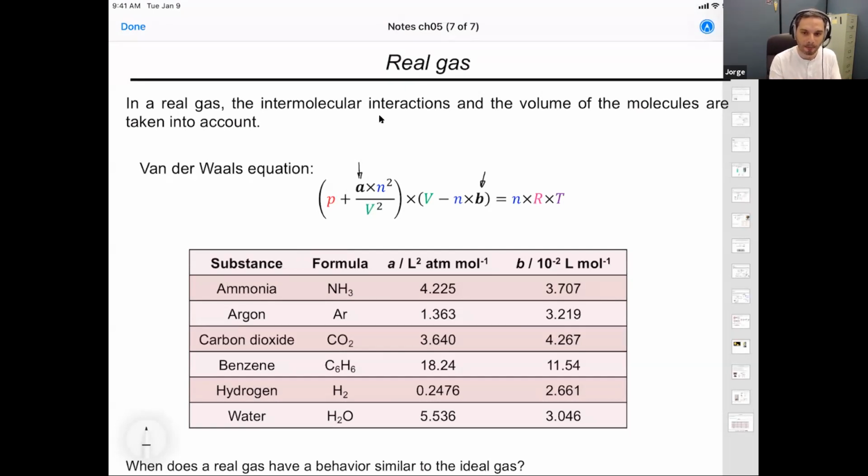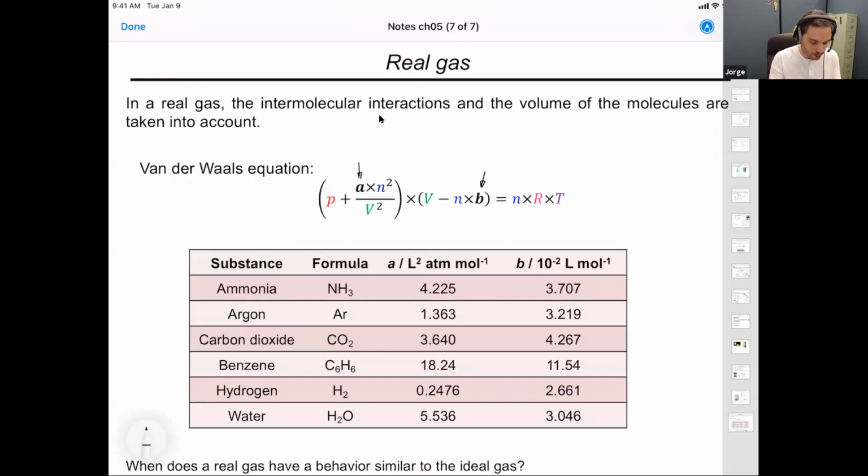And again, b depends on the nature of the gas, and we can find those constants in a table as well. So let's look here for ammonia, for example, is 3.707. And if we look for hydrogen, for example, is 2.661.